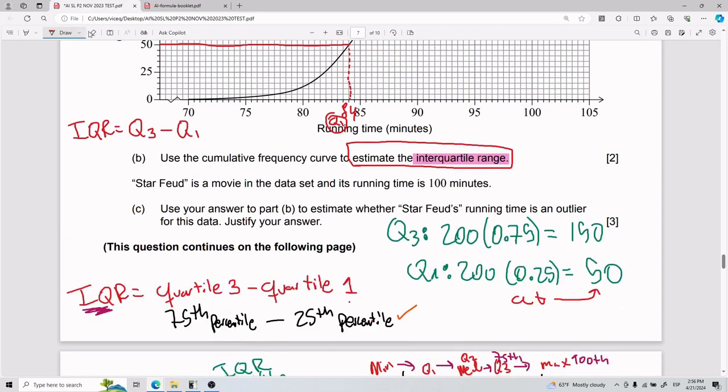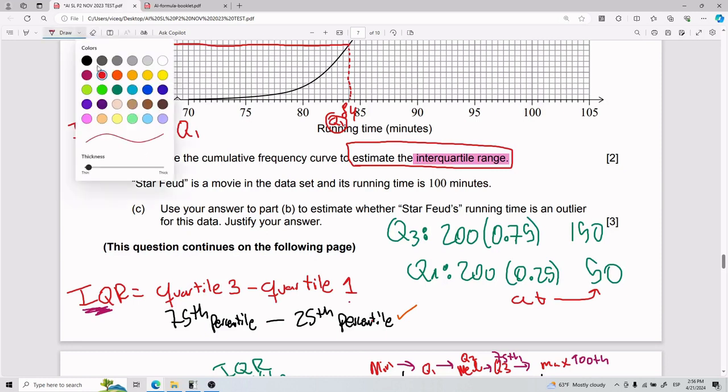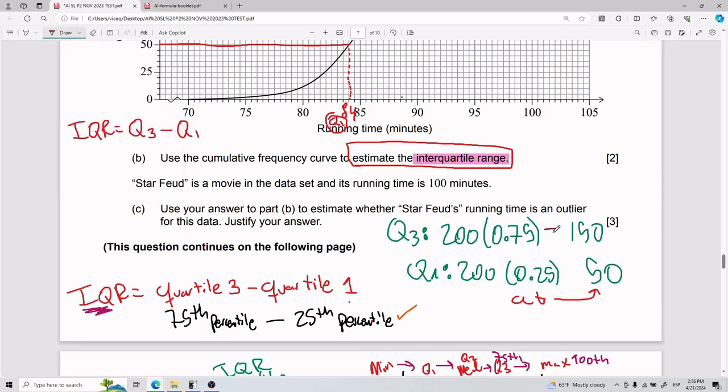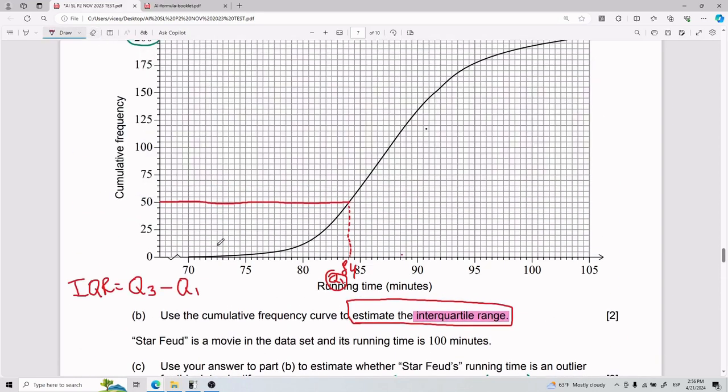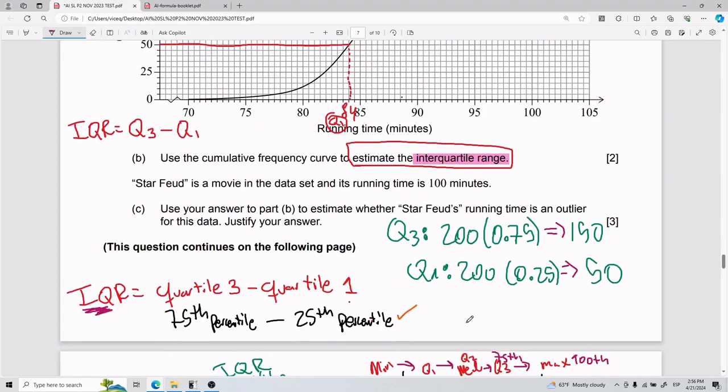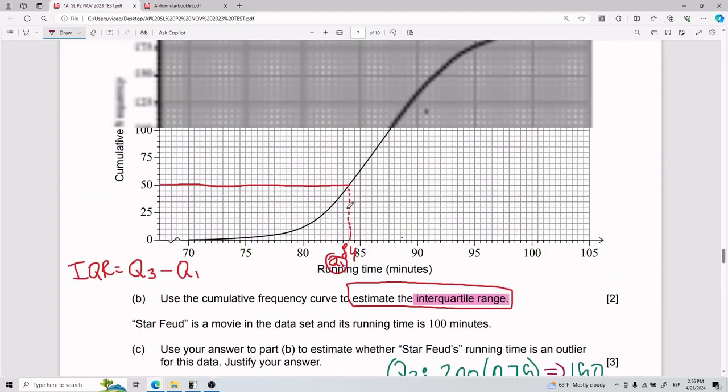Notice here, maybe I shouldn't have put equals at 150 or equals 50. Your Q3 is at 150 and your Q1 is at 50, okay? And so at 50, I have 84. So my Q1 is going to be 84. And my Q3 is at 150.